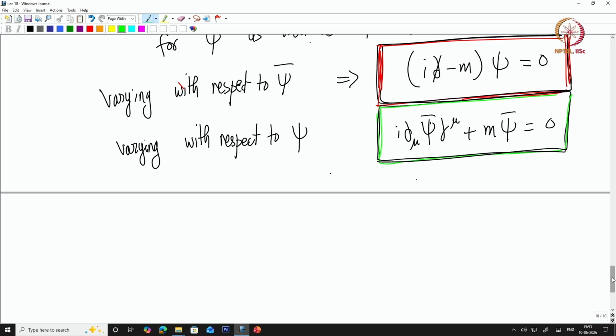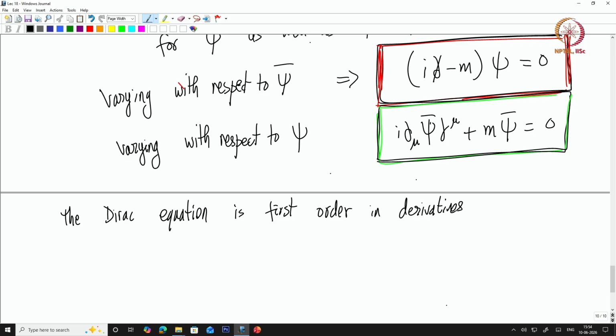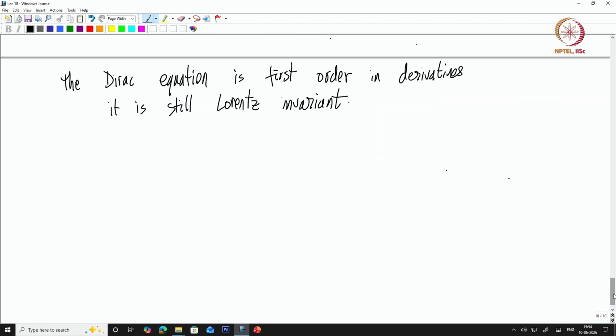It is first order in derivatives, and it is still, of course, Lorentz invariant.